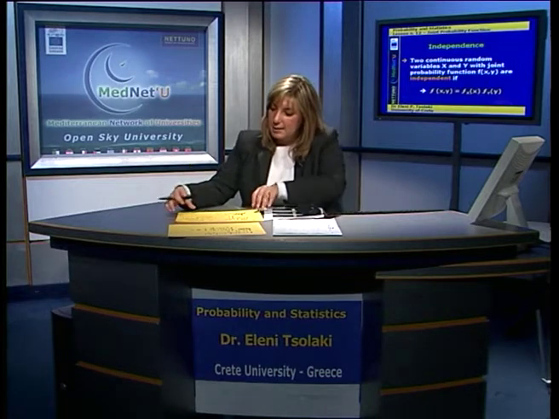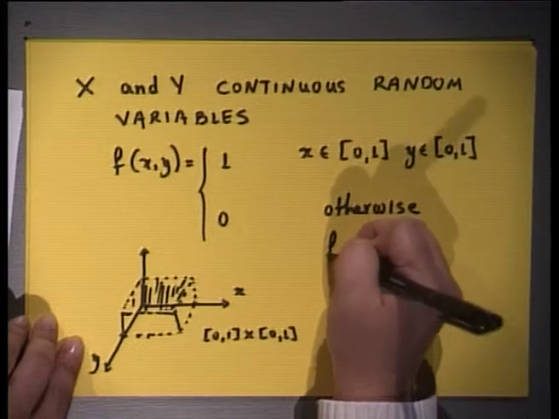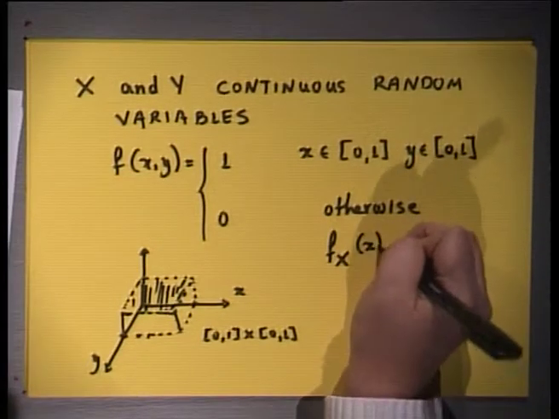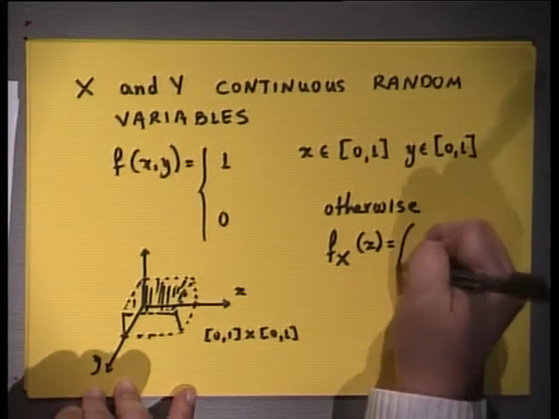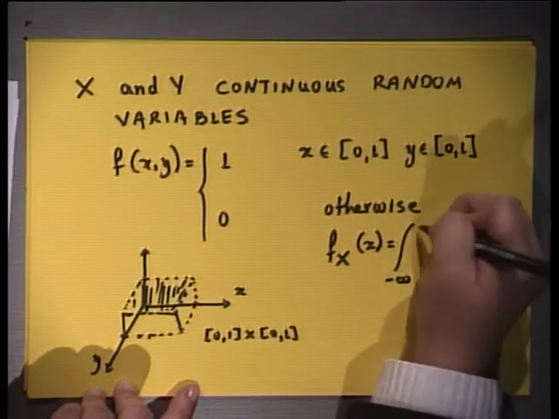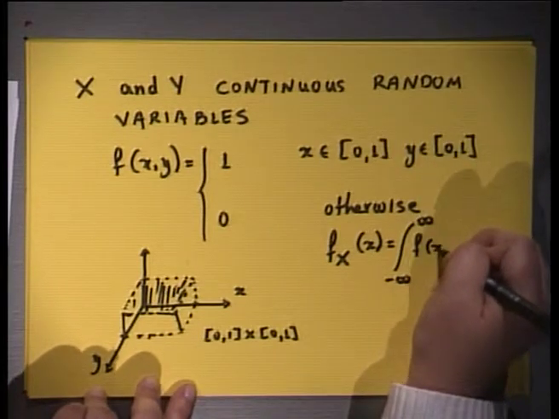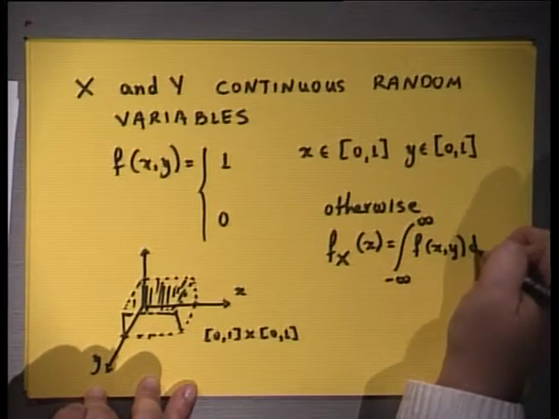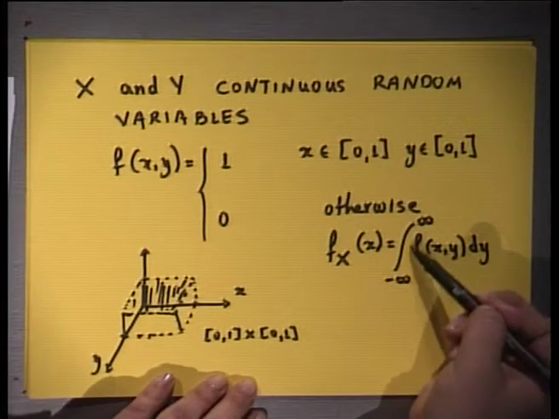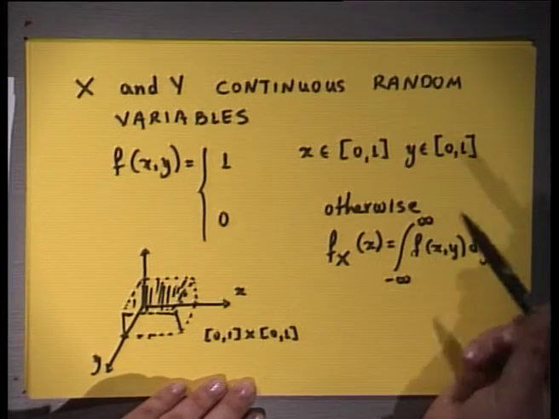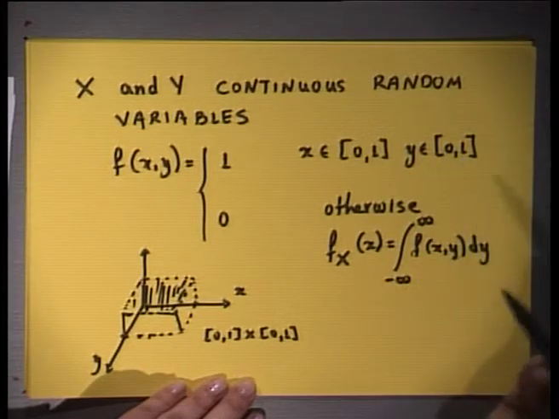In this case, we are going to calculate the marginal of x, which from our formula we get by taking the joint function integrated over variable y. We know that this is 0 for any values of y outside 0 and 1.